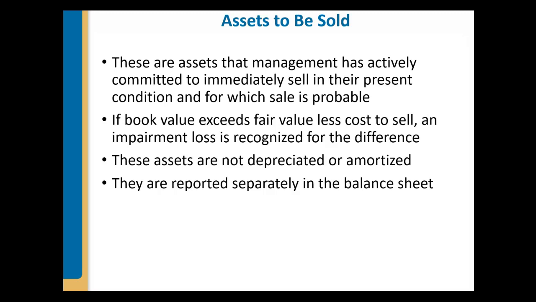An impairment loss is recognized for any write-down to fair value less cost to sell. Except for including the cost to sell, notice the similarity to impairment of assets to be held and used. We don't depreciate or amortize these assets while classified as held for sale, and we report them separately in the balance sheet.